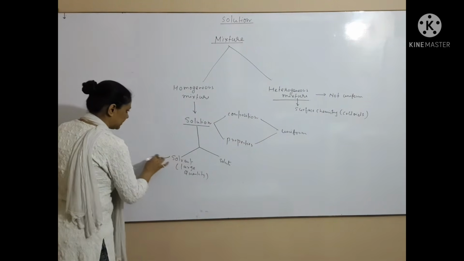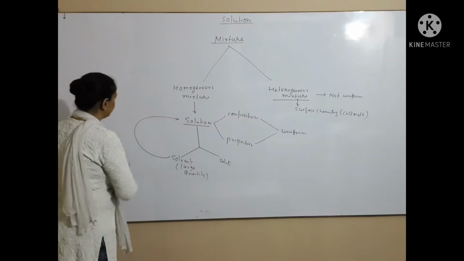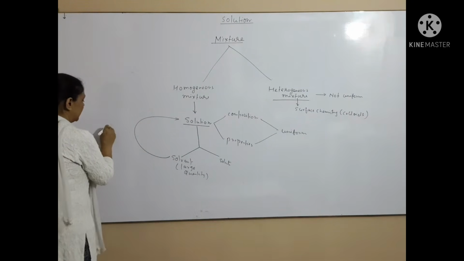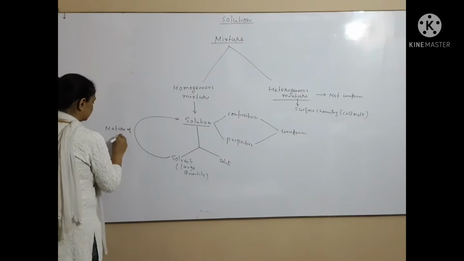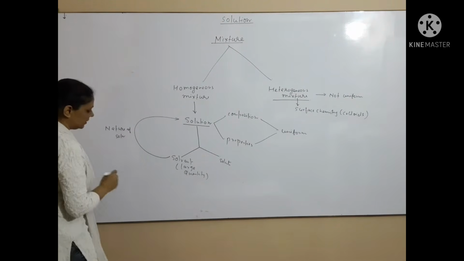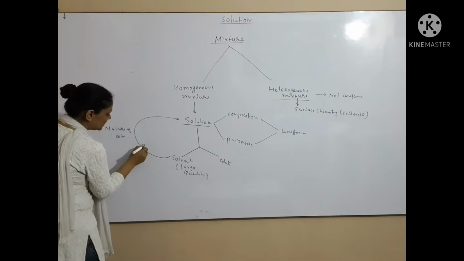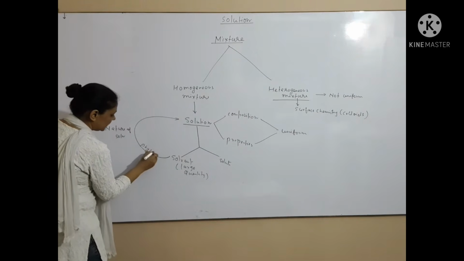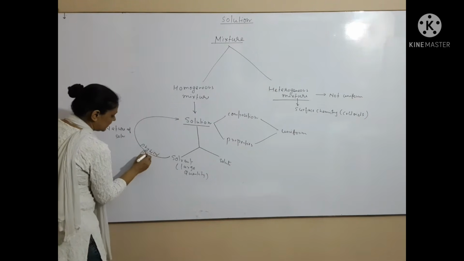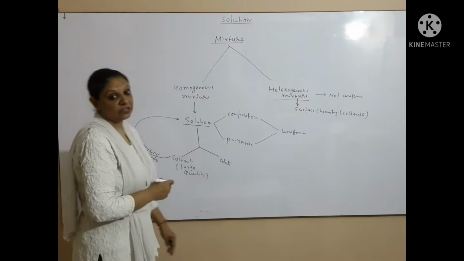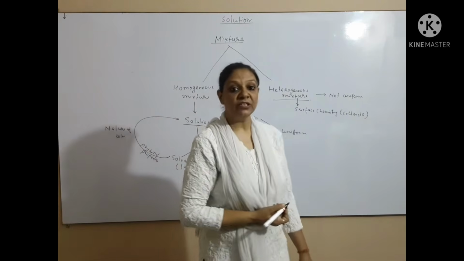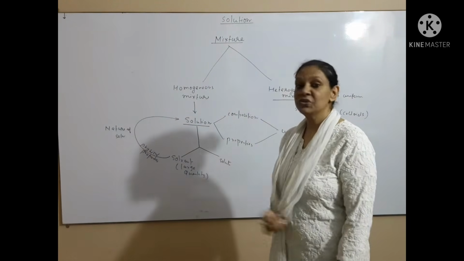And the nature of the solution, very very important, depends upon the physical properties of the solvent. What is the physical state of the solvent? If the solvent is solid, then we can say solid solution.